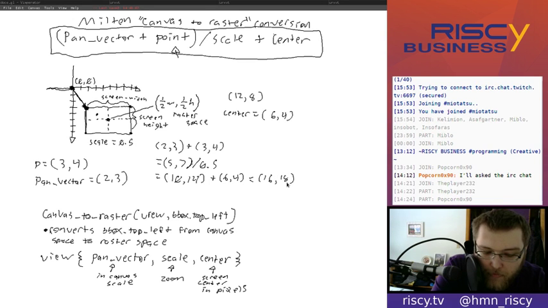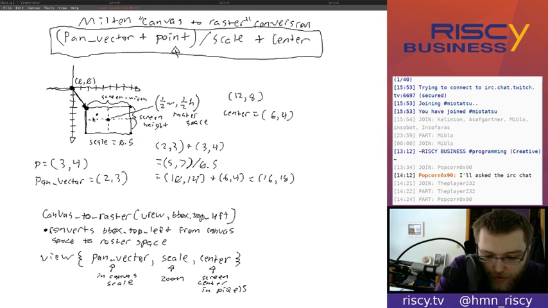So we clearly did something wrong, didn't we? Because we're trying to find that point's value in raster space, and we're completely off the raster, right? The screen is like only 12 by 8, and we're at 16, 18. So that seems very wrong. Intuitively, the answer would be, let me see here.